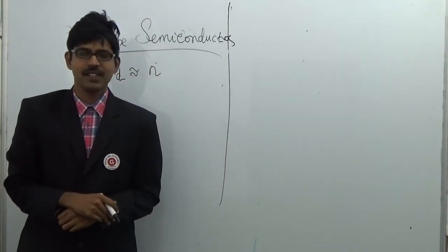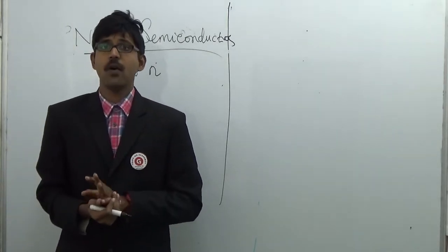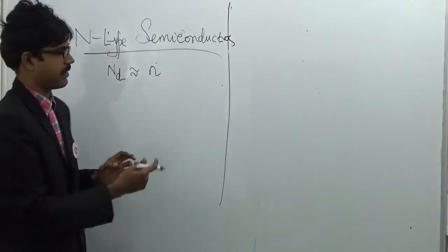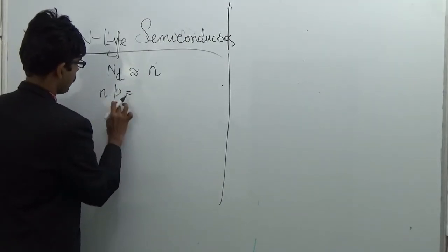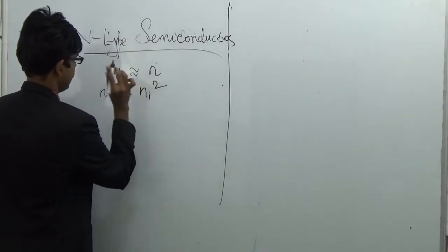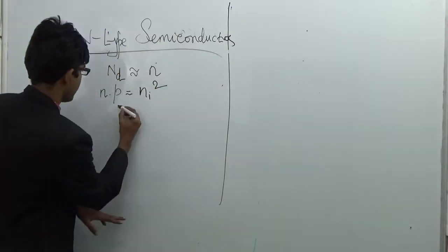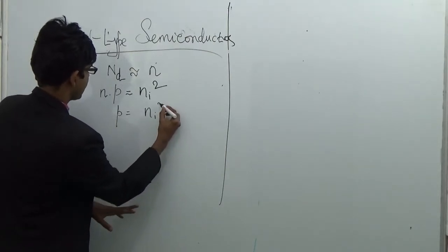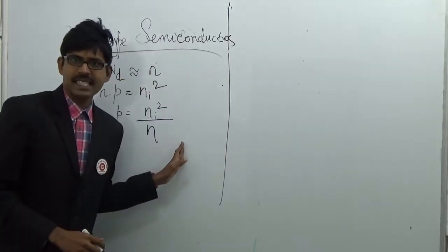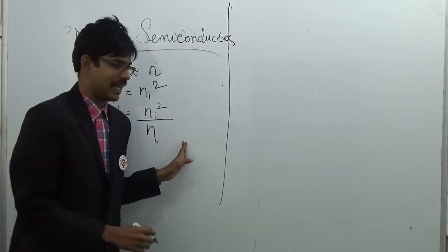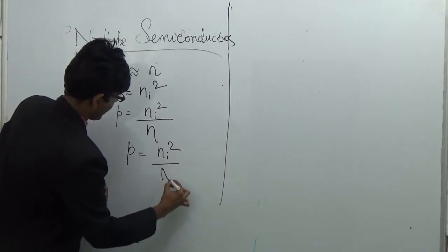An intrinsic concentration is also given. Now, how to find the hole concentration? n times p is equal to ni square. We are asked to find the hole concentration, so p is equal to ni square by n. The donor concentration is approximately equal to the electron concentration.